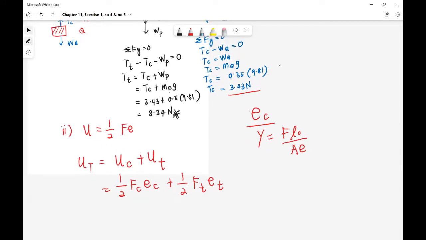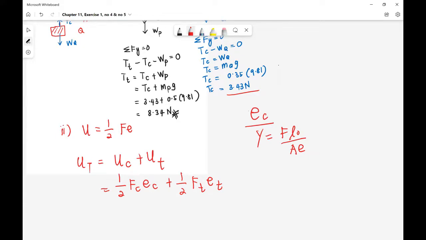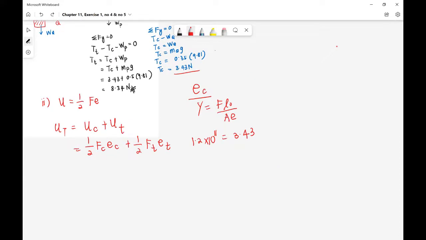Okay, yang modulus untuk copper adalah 1.2 times 10 to the power of 11. And then force of copper sama dengan tension of copper 3.43. And original length untuk copper wire adalah 1.5 meter.